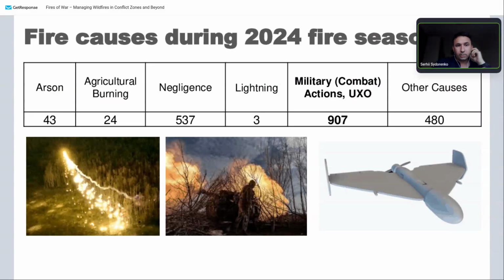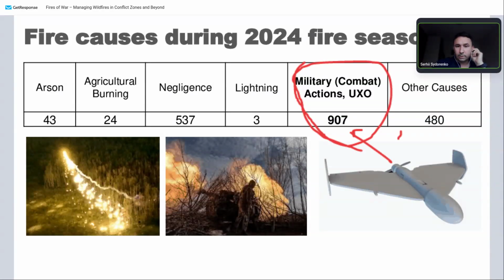And actually, the impact of war on fire statistics reshaped fire statistics in Ukraine, and this impact was so big that even our authorities, like the Forest Research Agency of Ukraine, had to include a special cause of forest fires: military combat actions and unexploded ordnance on urban territories.